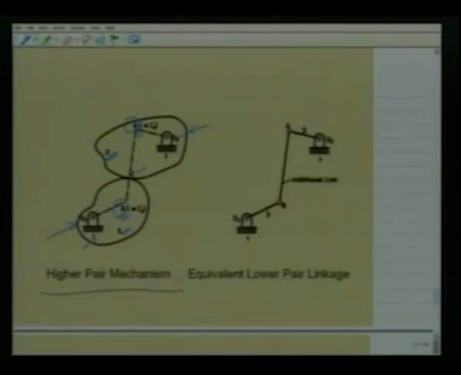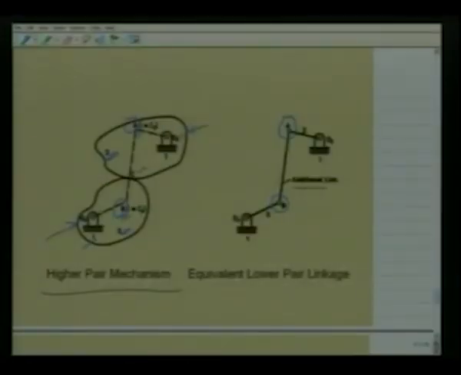Thus, we can replace this higher pair by a lower pair at the point A, which is a revolute pair, and a lower pair at the point B, which is again a revolute pair. And because the distance between A and B is not changing for 3 infinitesimally separated time intervals, I can join these 2 points A and B by a rigid additional link. Thus, this higher pair mechanism has been replaced by a 4R linkage which has all 4 revolute pairs at O2, O3, A and B.